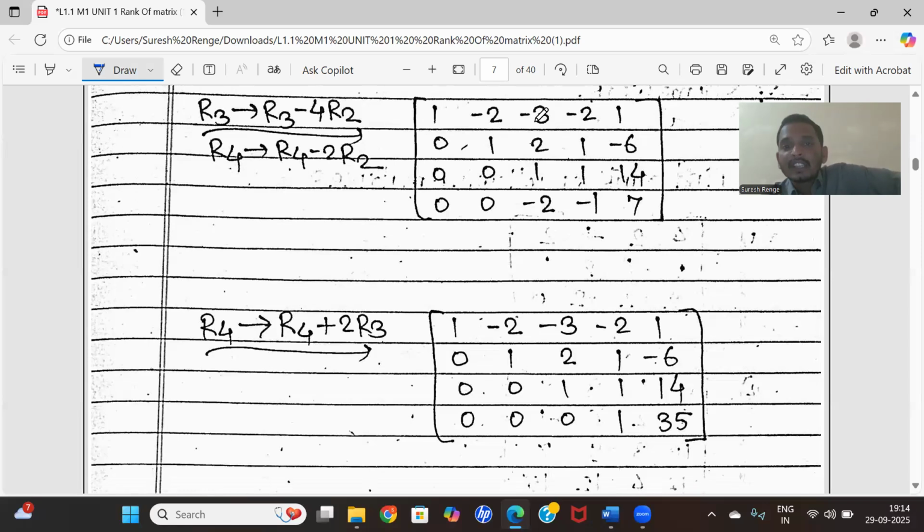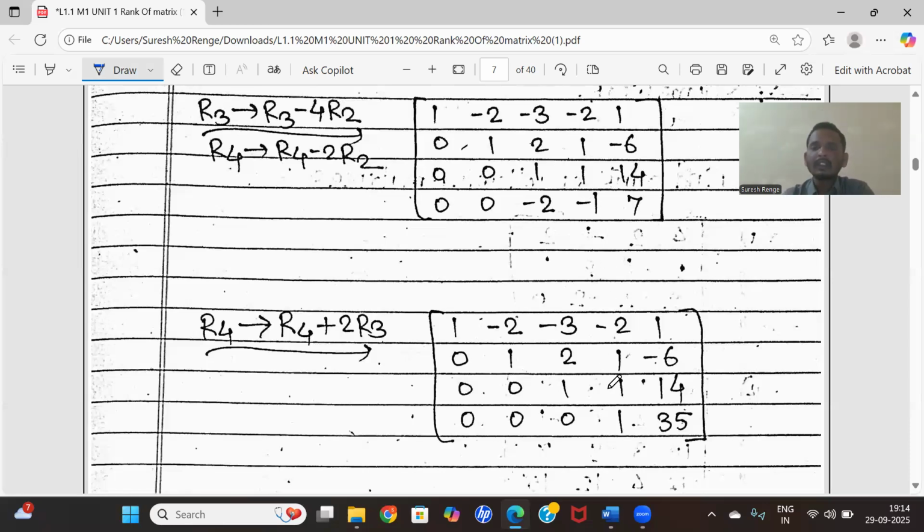Therefore, no change in R1, so we are writing R1 as it is. There is no change in R2, so we are writing R2 as it is. There is no change in R3, so we are writing R3 as it is. Now, change in R4: R4 plus 2 times R3. Minus 2 plus 2 is equal to 0.